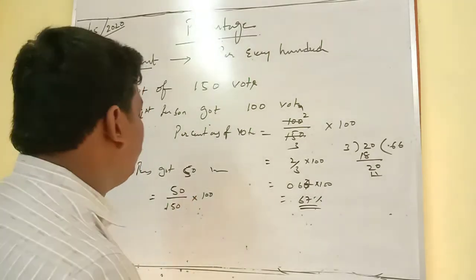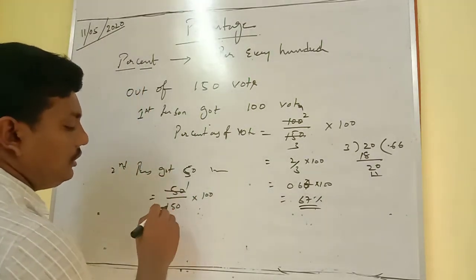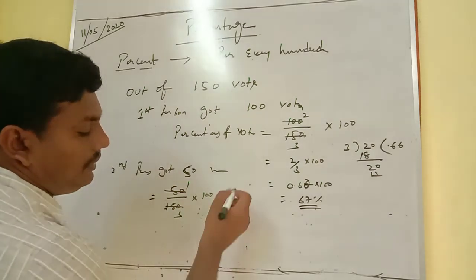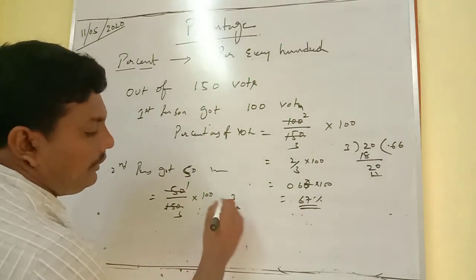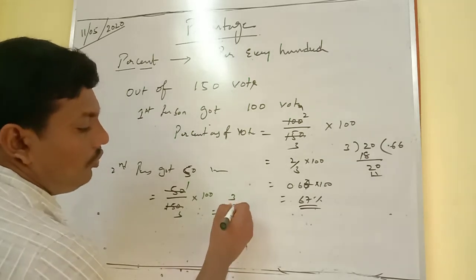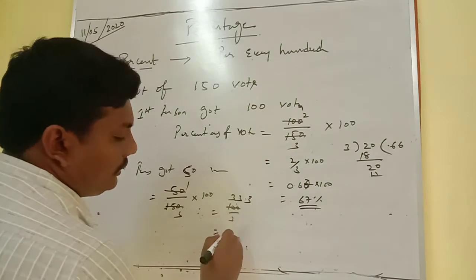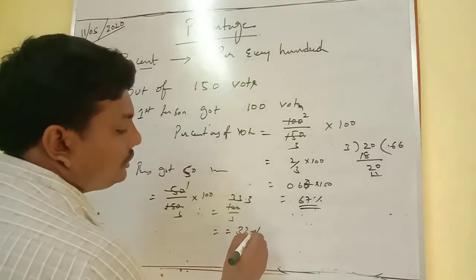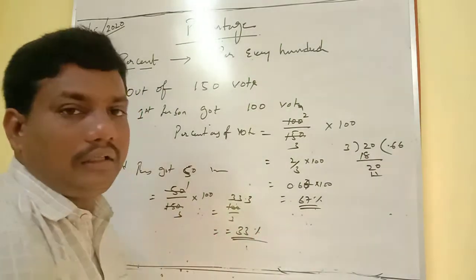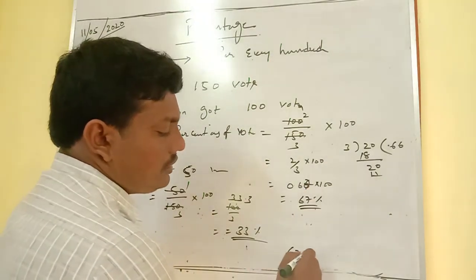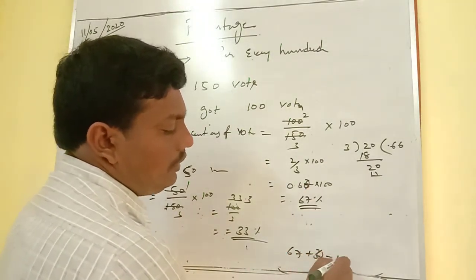That is 50 by 150, which is 100 by 3. 3 3s are 9, the remaining becomes 1, again 3 3s are 9, so again the same. This is 33% nearly. Total 67 plus 33 becomes 100.